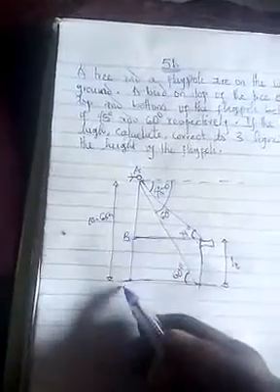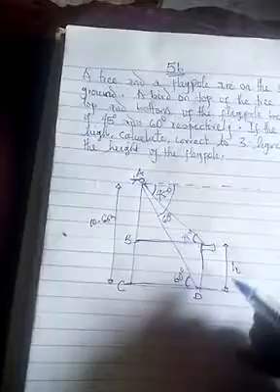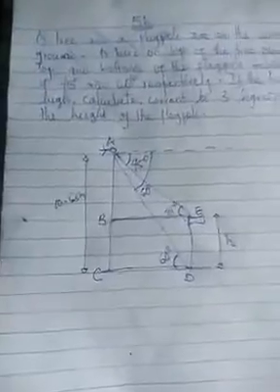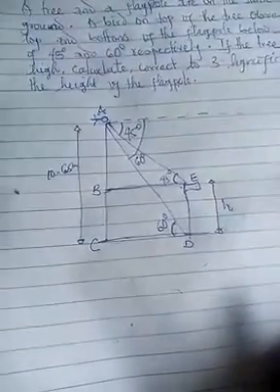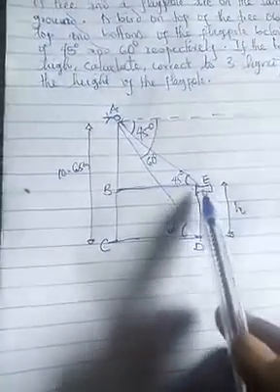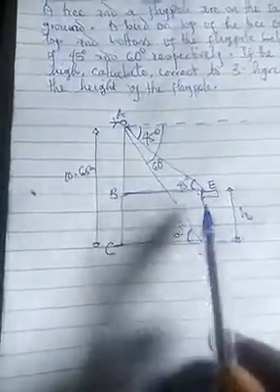So let's assume that we want to label this. Let's call this one A, this B, this C, this D, and let me call this part E. Okay, so if we are to calculate the height of the flagpole, which is this, then definitely remember that this is a rectangular shape and opposite sides are equal.